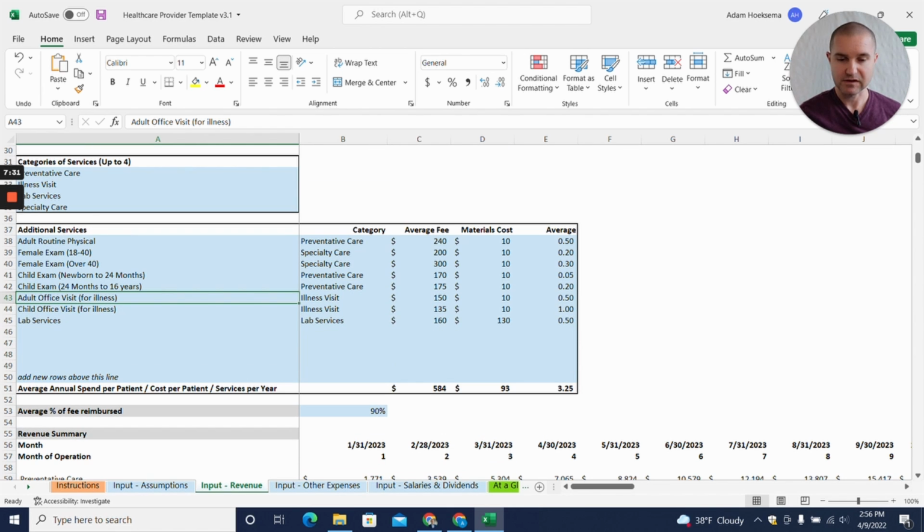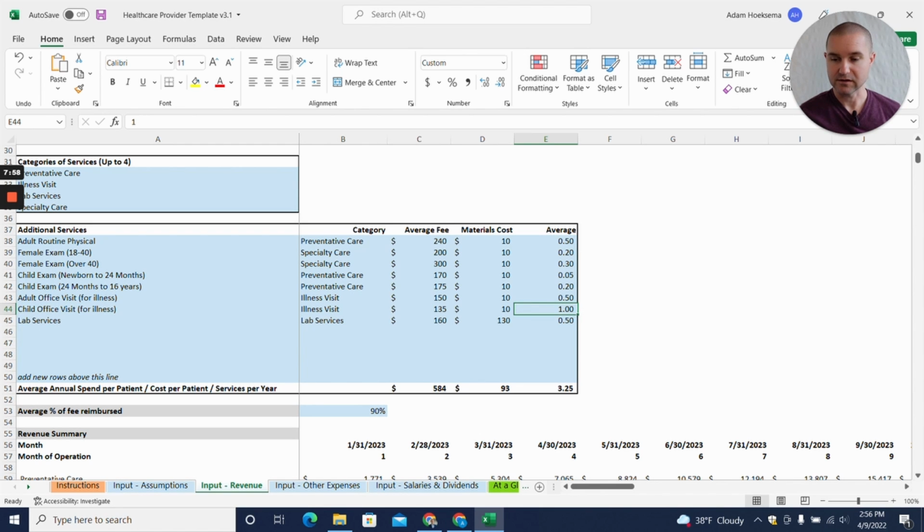These are here for example purposes. And you can pick the different category they're in, the average fee, and then the material cost. So if there's any supplies that you'd expect to spend per visit, gloves, masks, other consumables, that sort of thing, that's what you'd be putting in there. And then this is saying, on average, how many times per year is an average patient coming for each of these services.